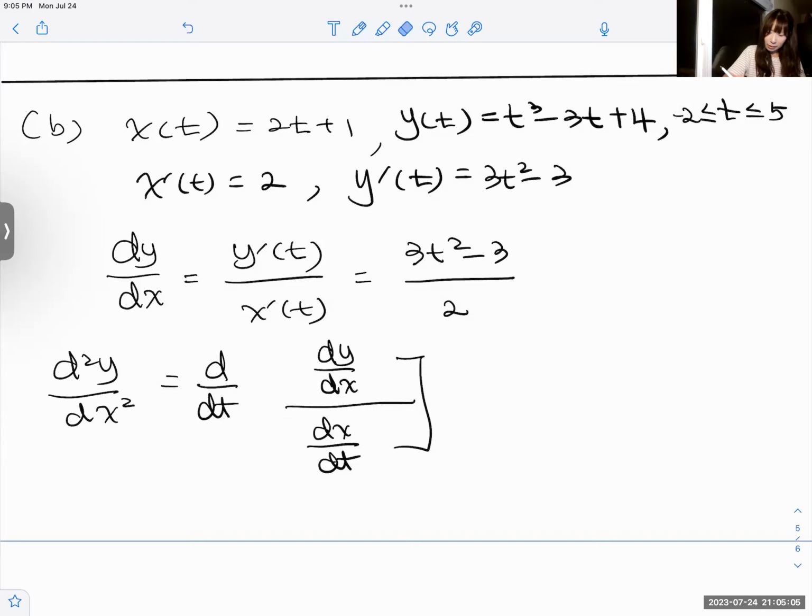Okay, so there will be 3t squared minus 3 over 2. That is the slope, dy over dx, over dx over dt. So x prime of t is 2, right? And then we want the derivative with respect to t.